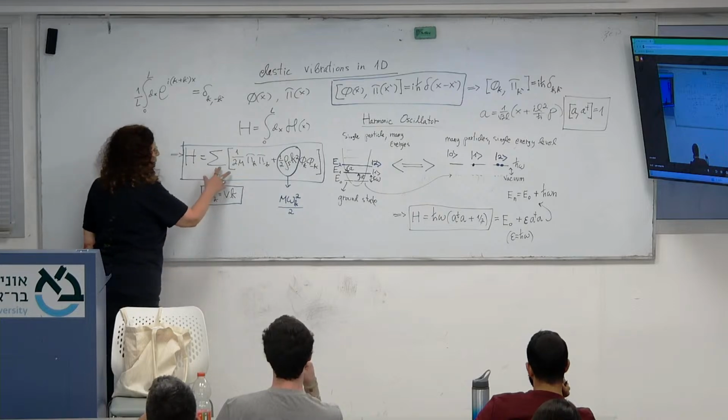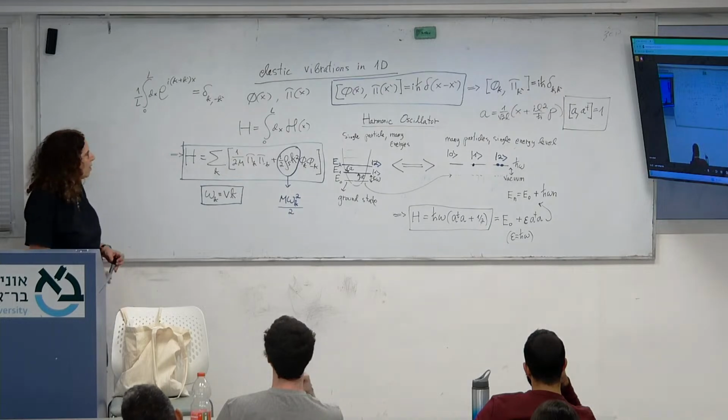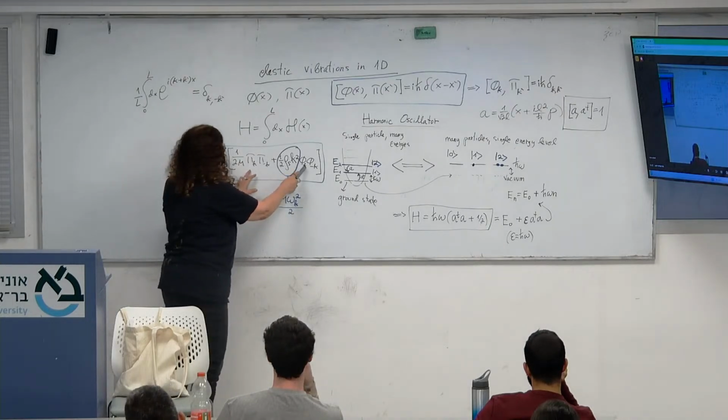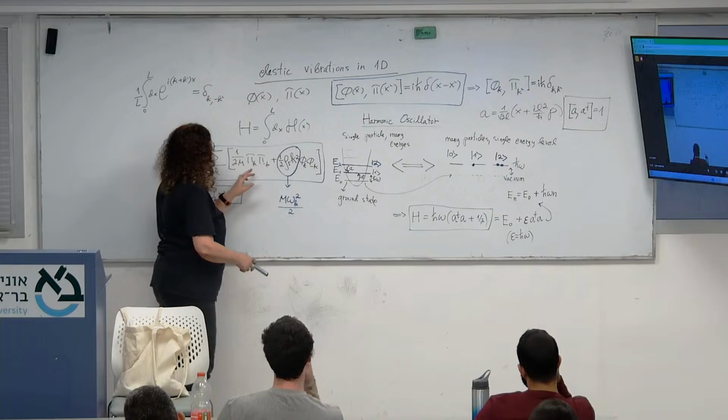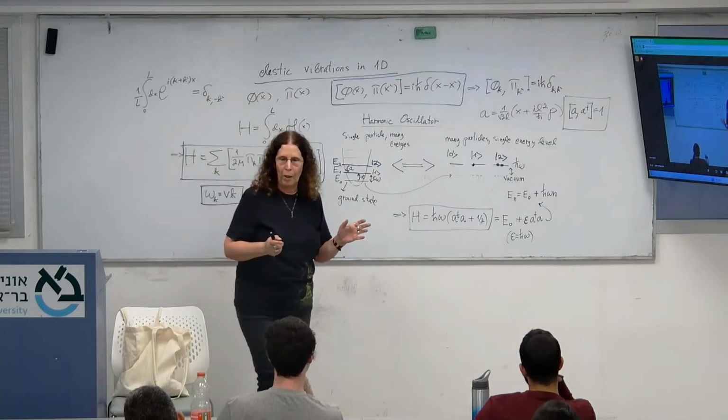But what we have here is almost the same form as a harmonic oscillator, except that the way we've written it, we have non-Hermitian operators already at the level of coordinate and momentum.